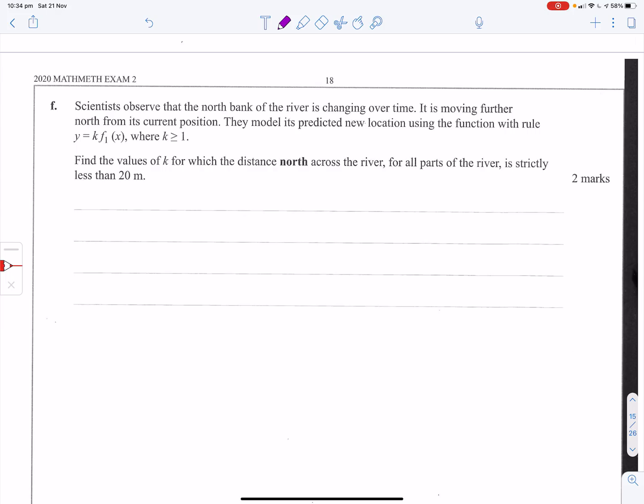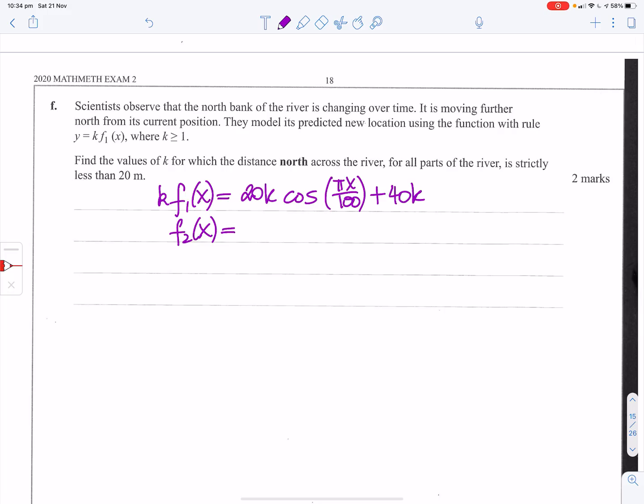So if we think about it, k times f1 of x is 20k cos of pi x on 100 plus 40k, and we know f2 of x is 20 cos pi x on 100 plus, I think it was 30.